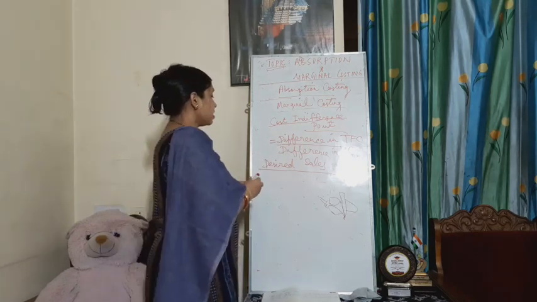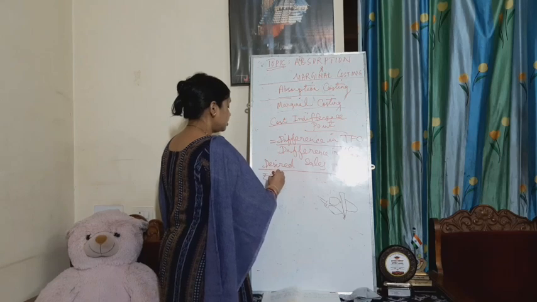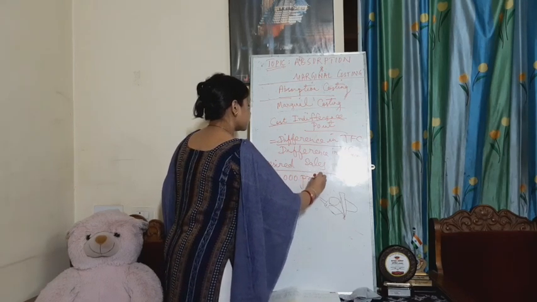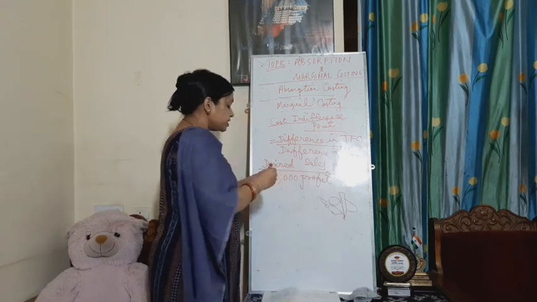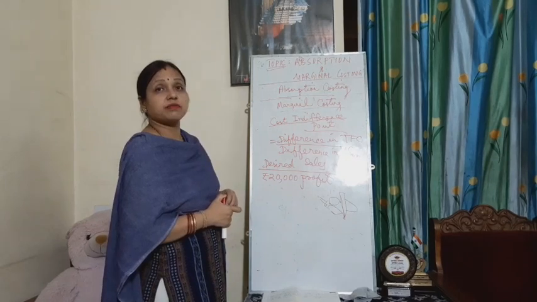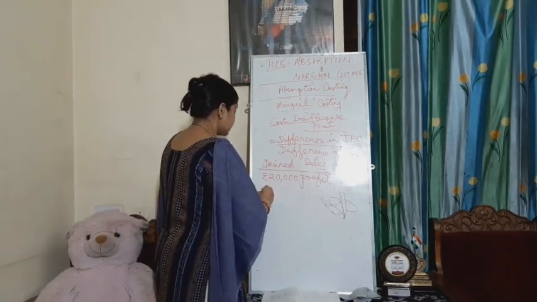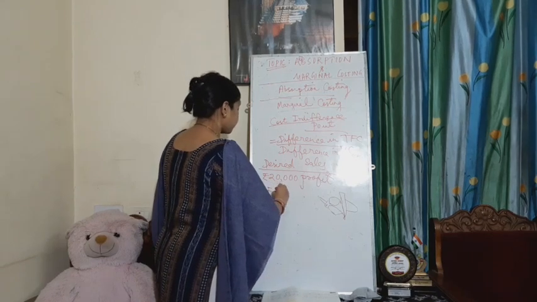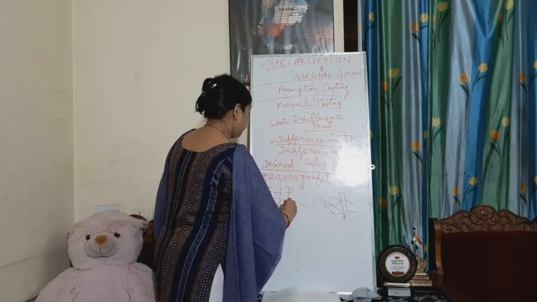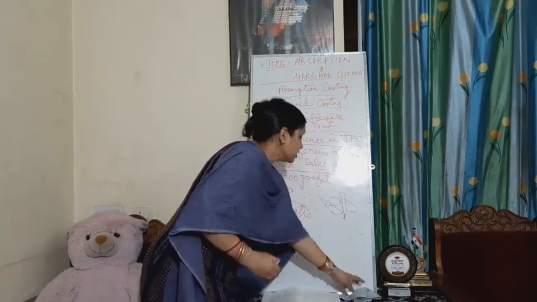Suppose a company wants to earn rupees 20,000 profit, and how much sales it has to achieve in order to earn 20,000 profit. The formula to calculate desired sales is desired sales equals F plus P divided by PV ratio.